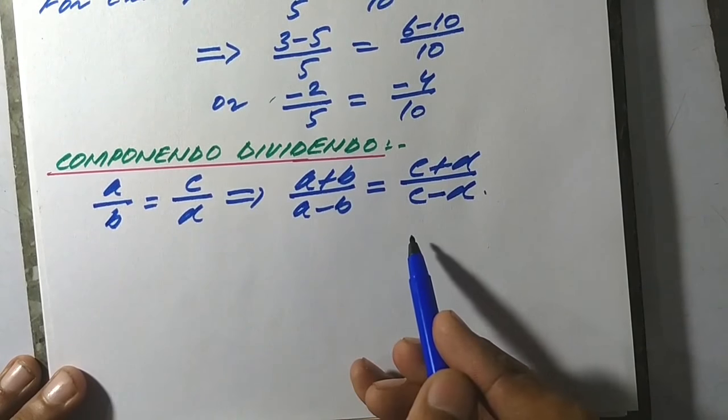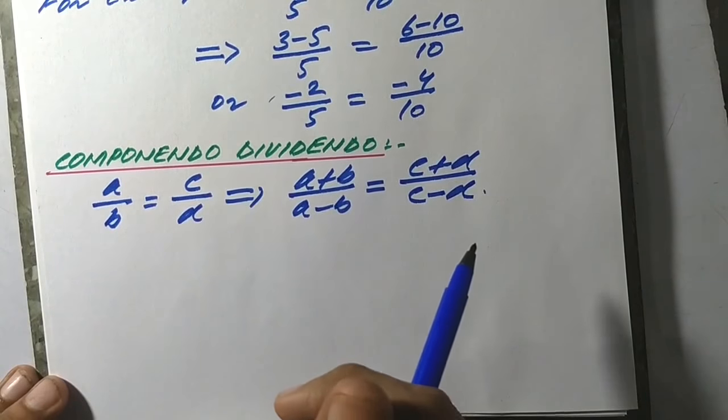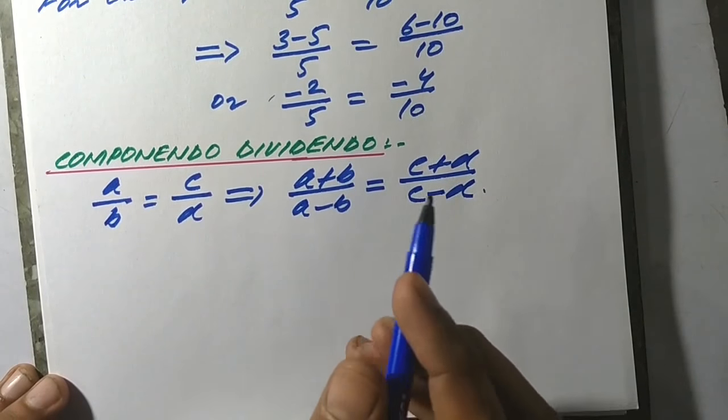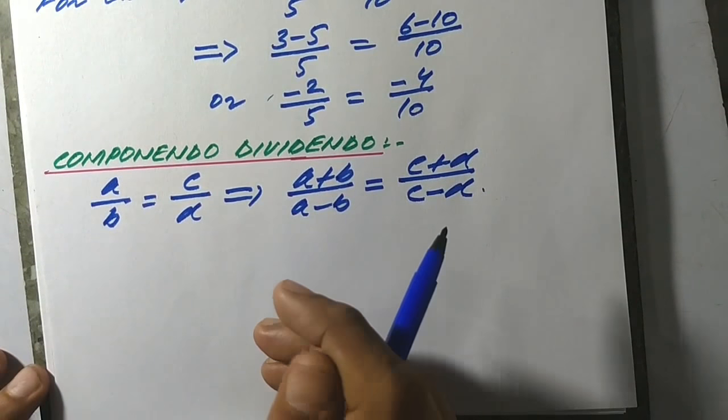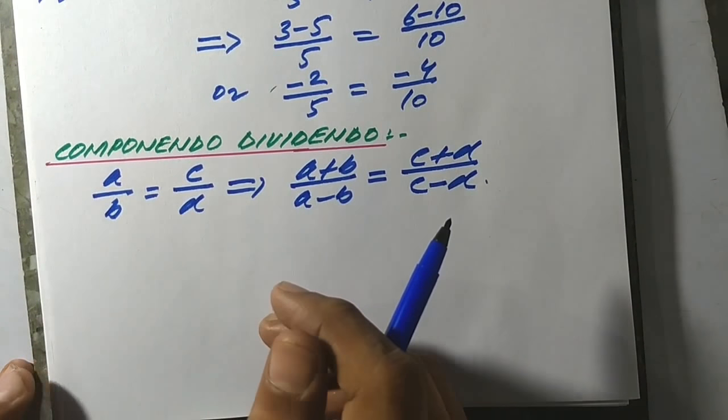So this is called componendo and dividendo, which is extremely useful in the study of ratio and proportion.